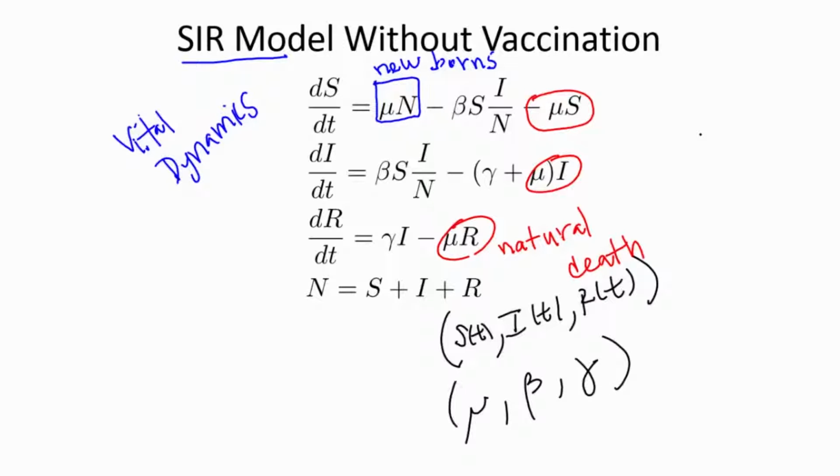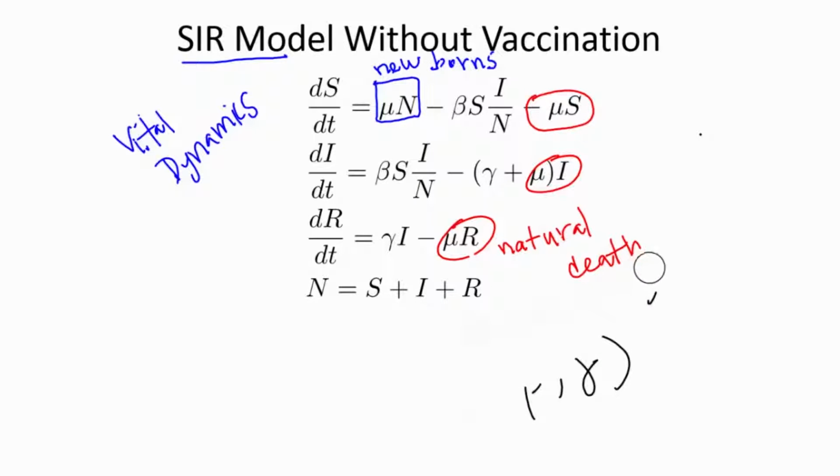So this model has three parameters, and it also has three state variables. So let me make room here, because I want to summarize everything I just told you with a diagram.